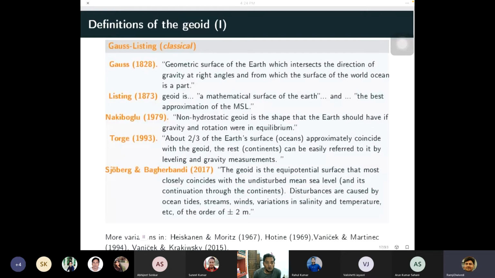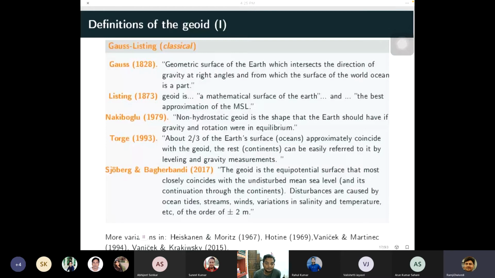I mean, it is extended into a continent. You have an ocean surface that is extended, let's say, to a continent, and that is also intersecting the gravity at 90 degrees. That becomes the geoid. Another definition, given in 1873: geoid is a mathematical surface of Earth and the best approximation of the MSL.